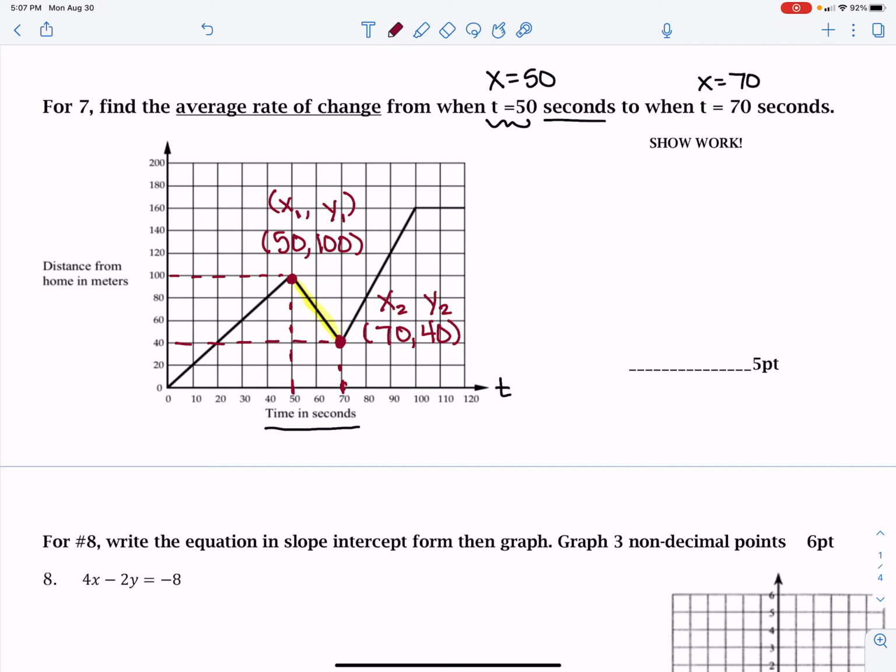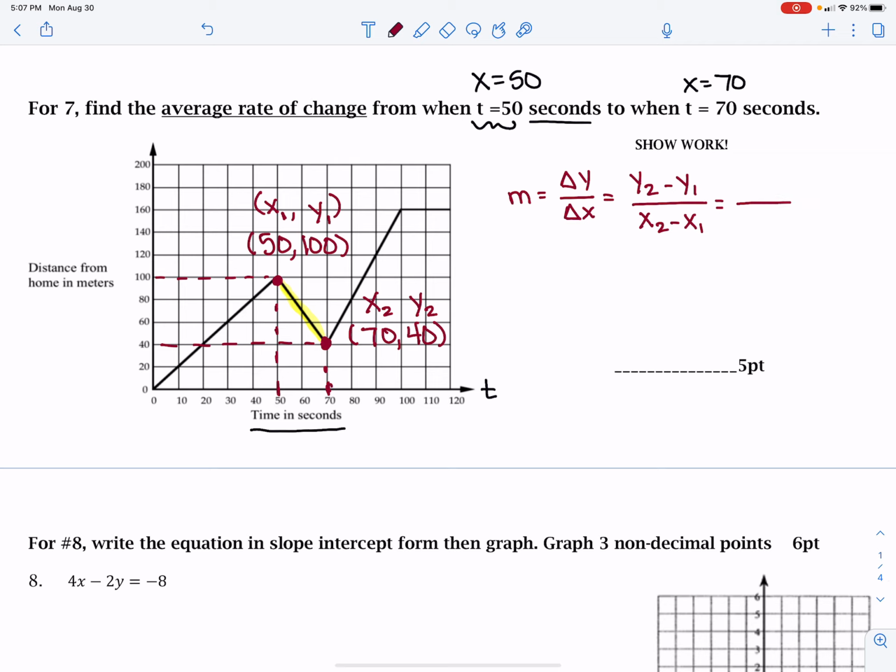All right, so with that one, if we're using the slope formula, it is the change in y over the change in x, or y2 minus y1 over x2 minus x1. Okay.